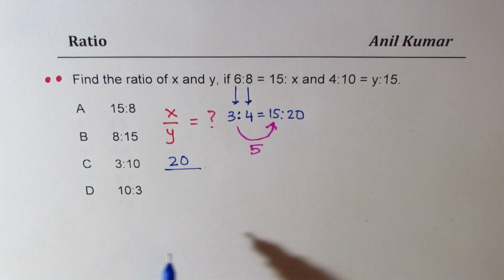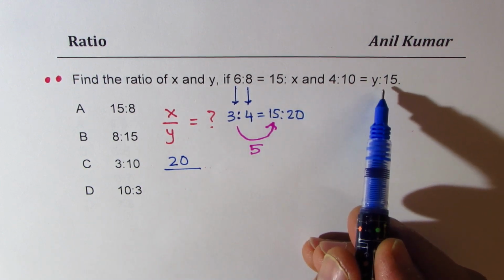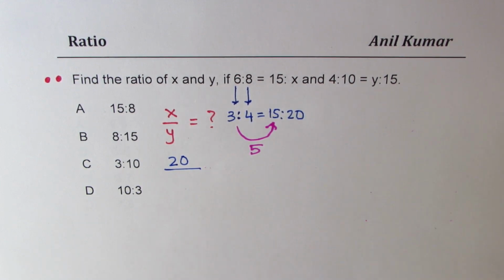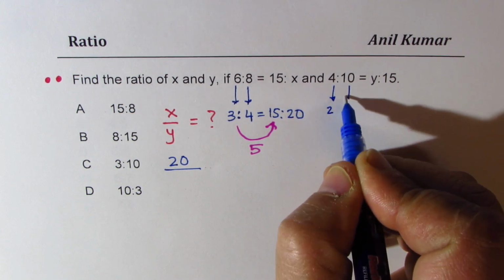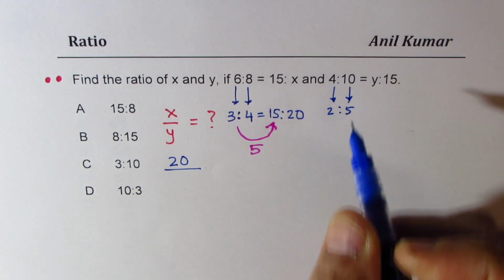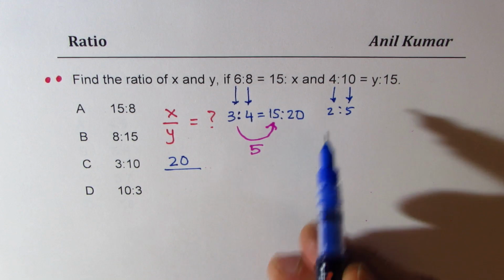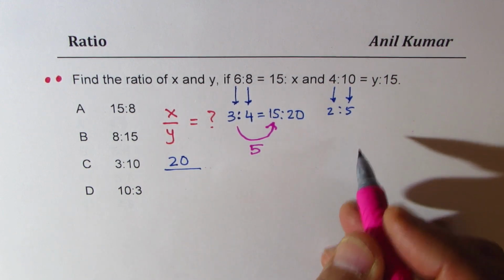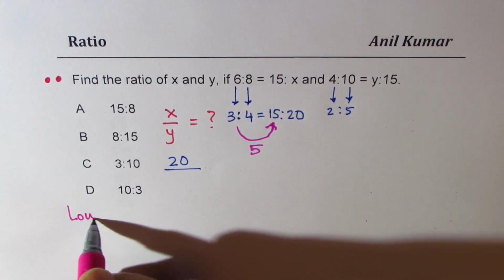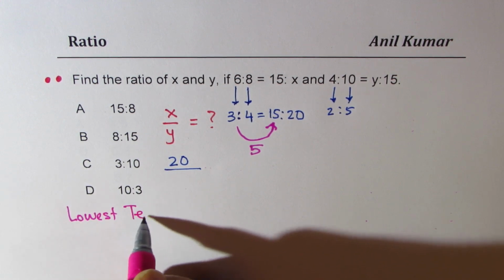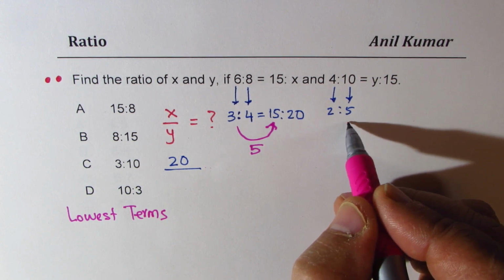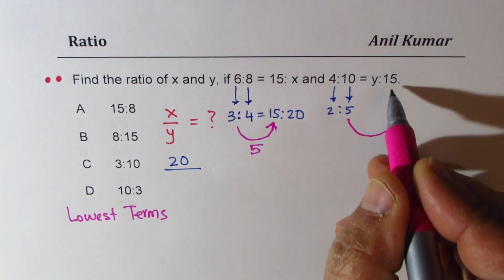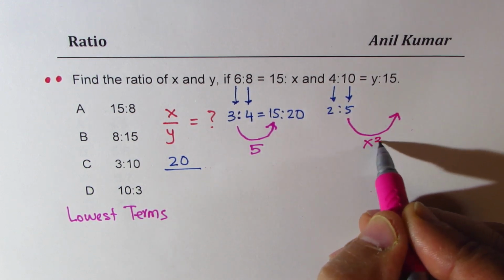Now let's find what y is. In this particular case also, we have a factor which could be done like this. We could reduce this side to 2 and 5. So that is important. Getting back to lowest terms. Then look for the scale factor. 5 times 3 is 15, right?